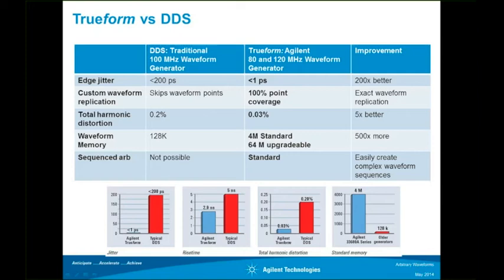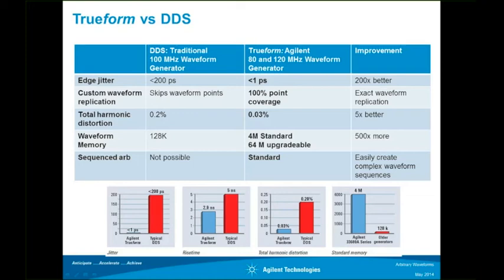That's how many points in your arbitrary waveform you can output before you run out of memory. The Trueform generator has a standard 4 megasamples. That's standard with that 33600A series. But if you need even more, you can upgrade that to 64 megasamples. So that's incredibly 500x more than a DDS-based generator in the same class.